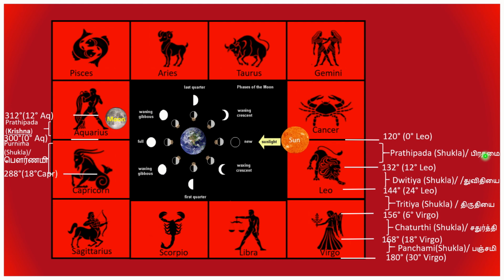It's the same name, Pradamai, but this time it's no more Shukla, it's Krishna Paksha. Okay, so as you move further down, 324 degrees, you have the next Thithi, which is known as Tuvadiya, but again it's Krishna Paksha Tuvadiya.